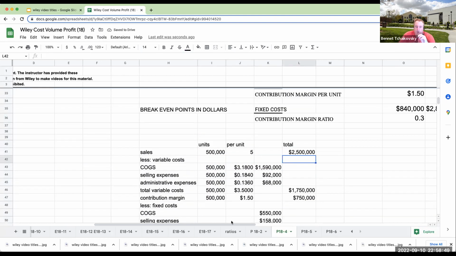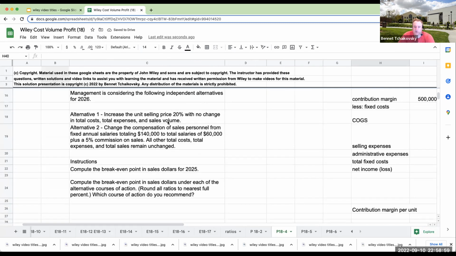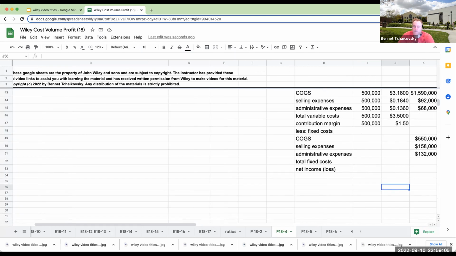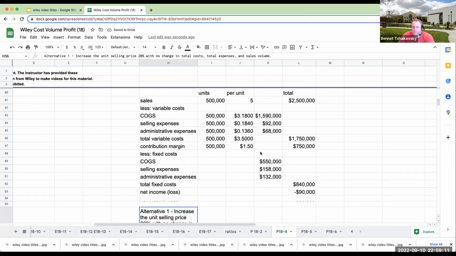Let's look at alternative 1. Alternative 1 says to increase the unit selling price by 20% with no change in total cost, total expenses, or sales volume.